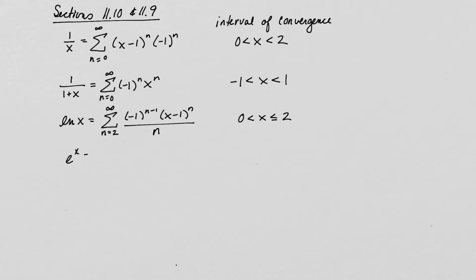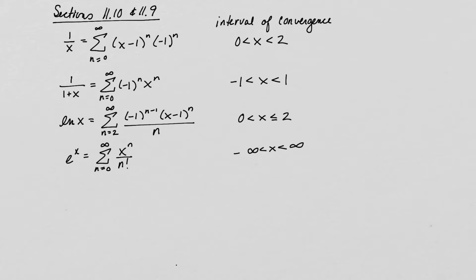The series for e to the x is the summation n equals 0 to infinity of x to the n over n factorial, for minus infinity less than x less than infinity. So e to the x is always equal to that series no matter what.